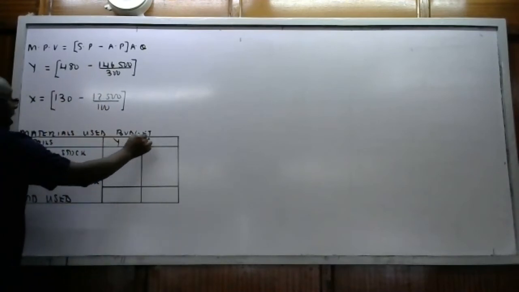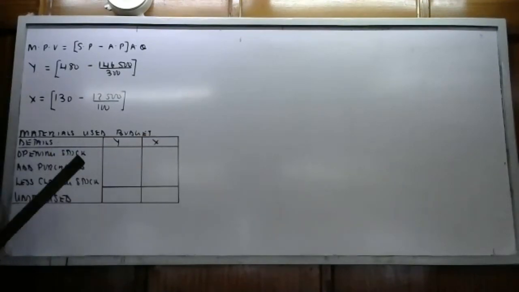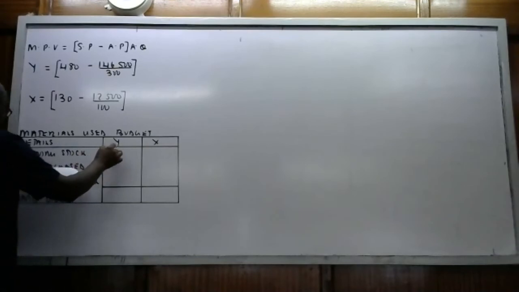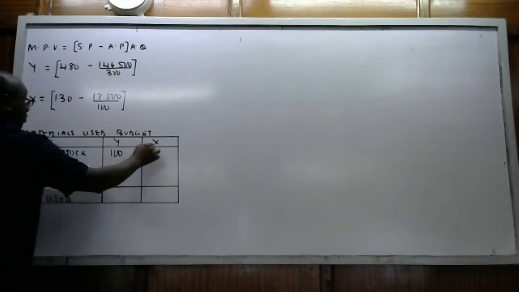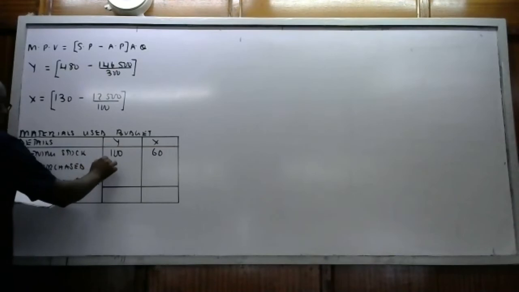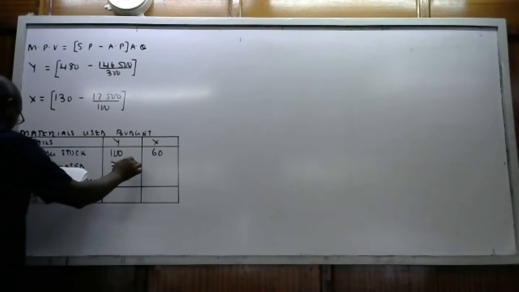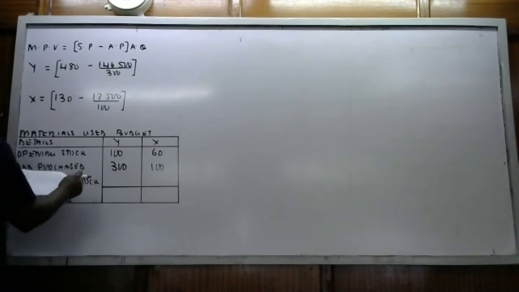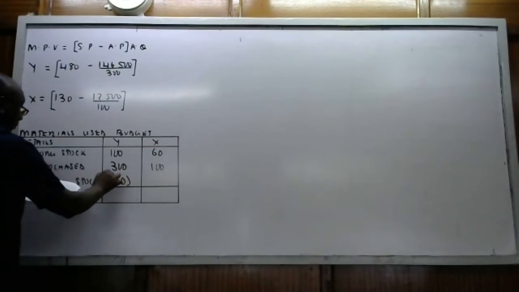So this is Y and this is X. So Y, the opening was 100, and X, the opening was 60. Purchase, hapa tukanunua 300, na huyu tukanunua 100. And the closing was 110.